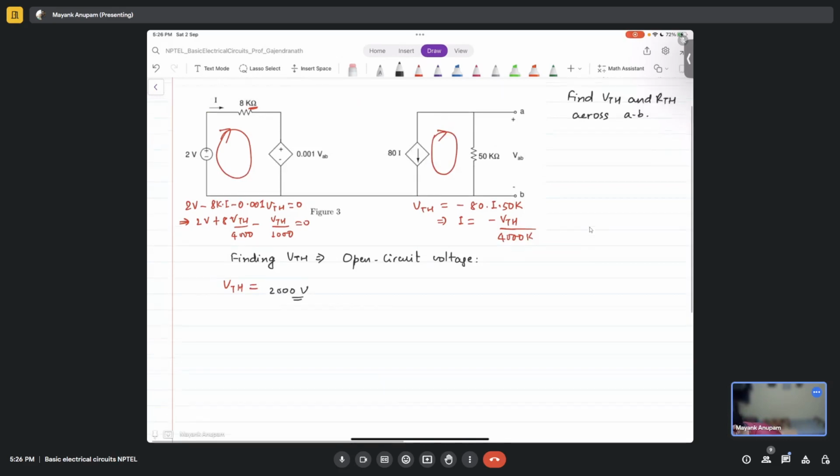Right? Is that correct? I think it is minus, sir. VTH is minus, you're saying? Yes, it is minus 2000 volts. Yes, it is minus 2000. And how much is the I?